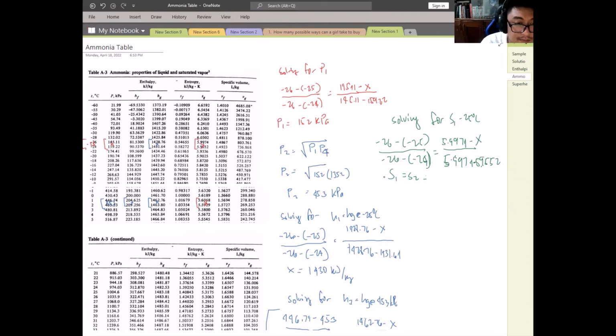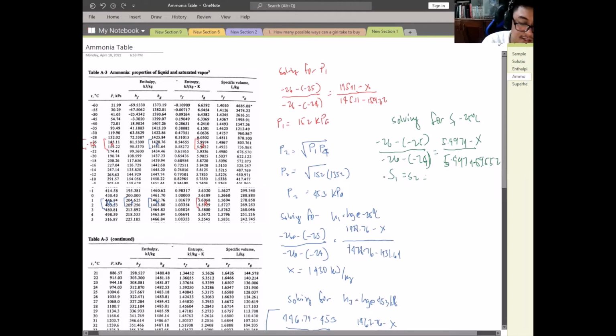So that is 5.9763 kilojoule per kilogram Kelvin. Is that right? It looks like it is in the middle.